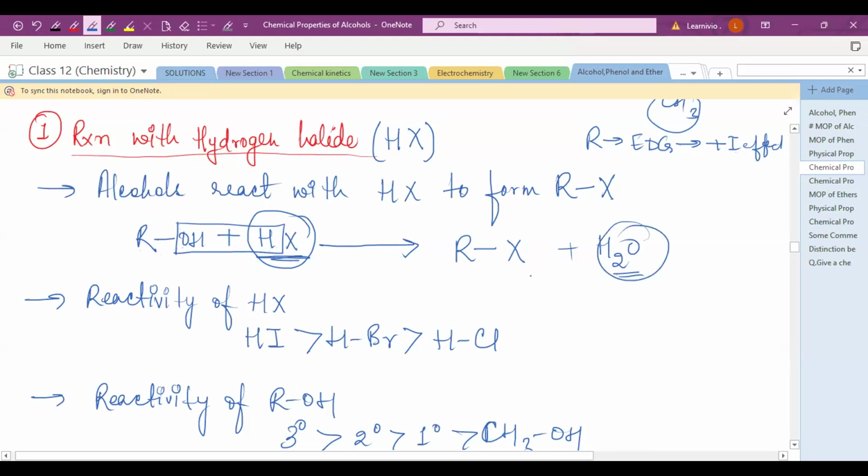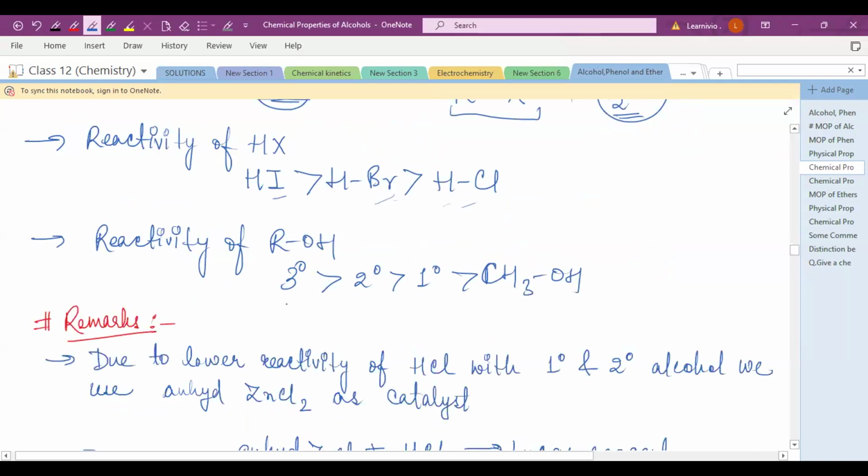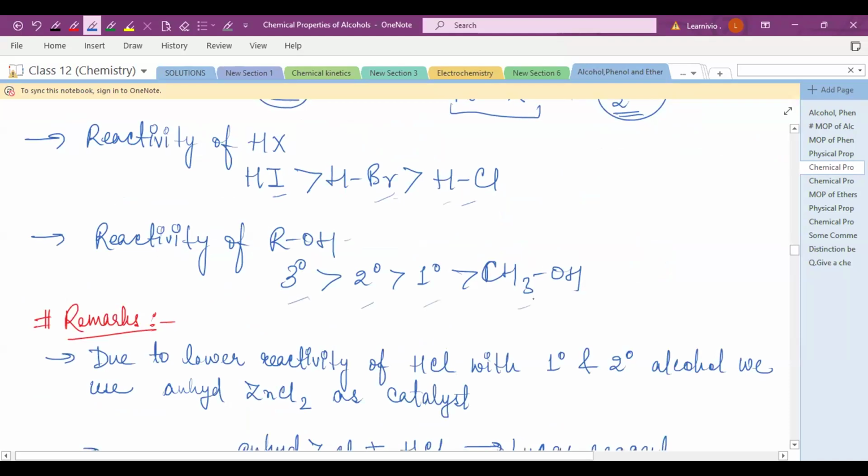RX will be formed, alkyl halide or haloalkane, you can say. So that's the reaction. And you know very well, the reactivity of halogen acids is HI, then HBr, then HCl. We have already discussed this in the haloalkane and haloarene chapter. And the reactivity of alcohol is 3-degree, then 2-degree, then 1-degree, then methanol.